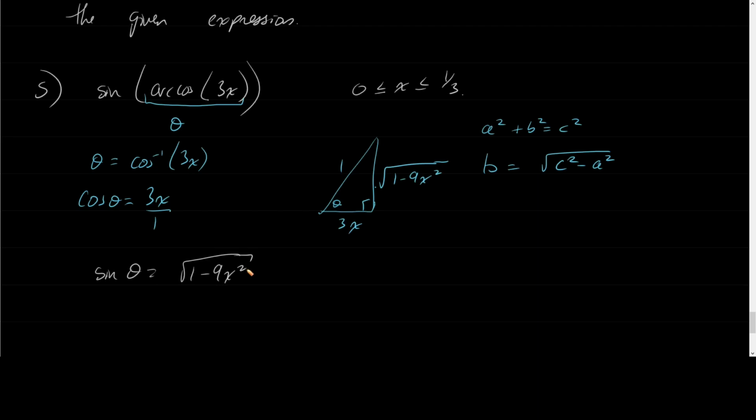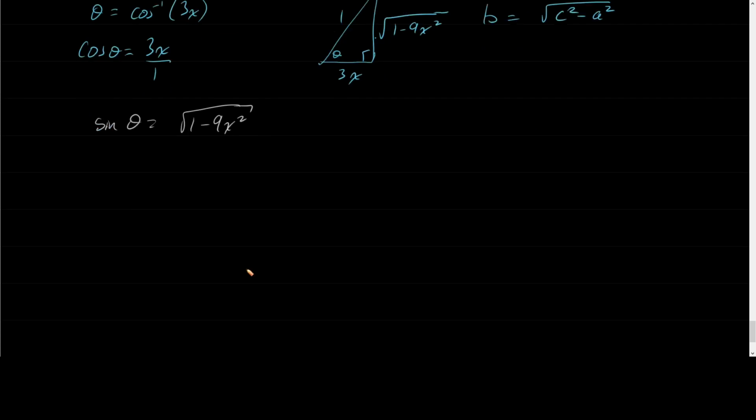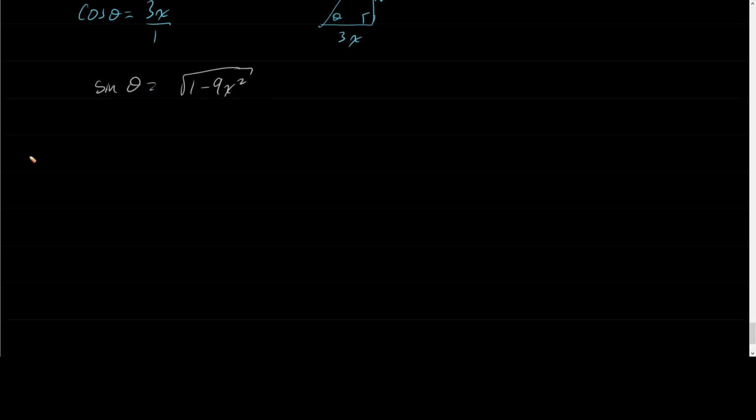Let's do another one. Let's say that I asked for cotangent of sine inverse of 5x. And in here, I'm going to force x to be between 0 and 1/5, just for easy values.